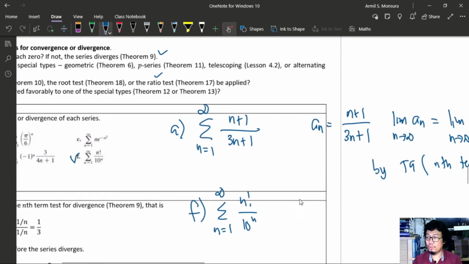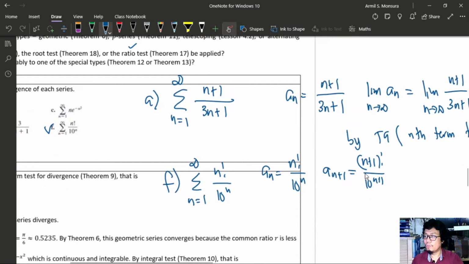To use the ratio test here, we have a sub n, the nth term, as n factorial over 10 raised to n, and a sub n plus 1 equals (n plus 1) factorial over 10 raised to n plus 1.